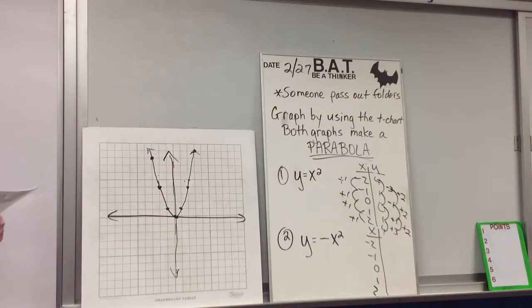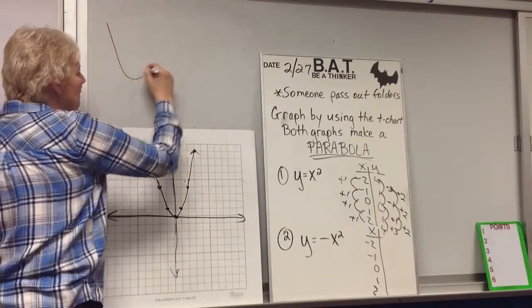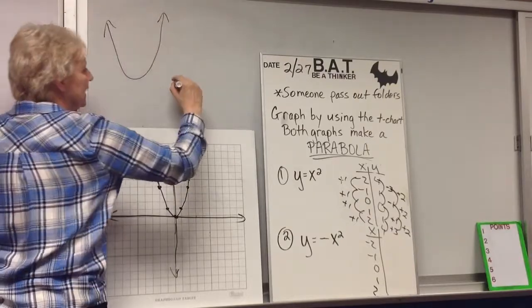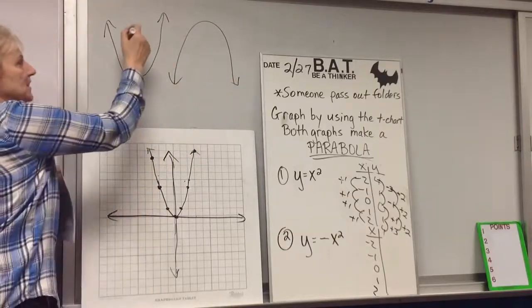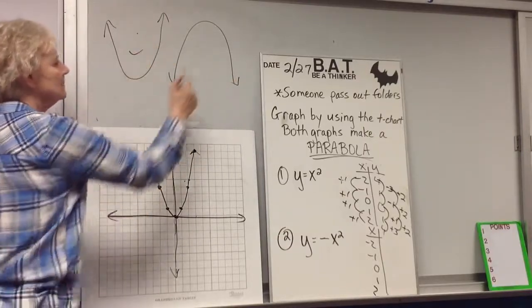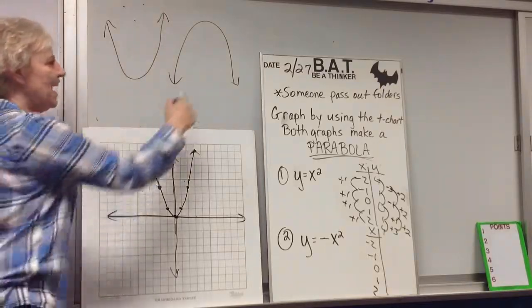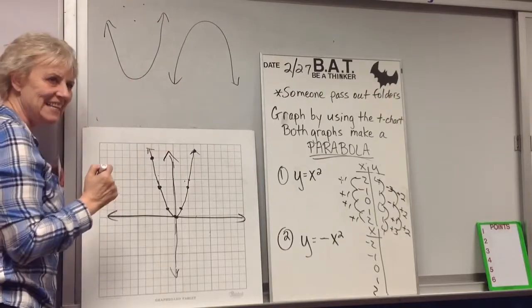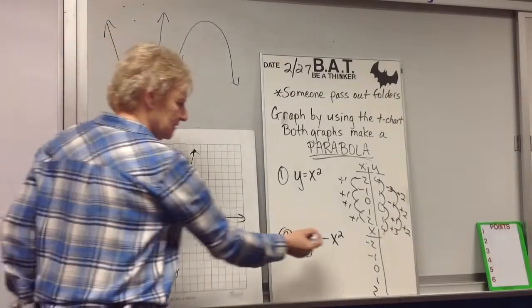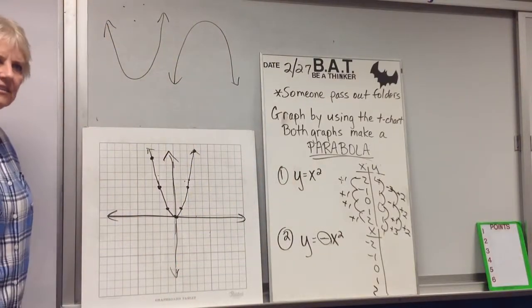Okay? All right. When you have a parabola, it could either go up or it could go down. Happy face? Sad, well, that's actually the face, isn't it? There. Sad face. If A is negative, it's upside down.